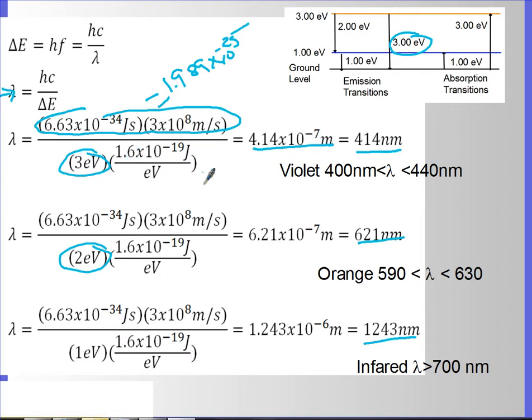I could have done all this, where this whole thing is, let's see, hc over this 1.6 times 10 to the negative 19 is 3.73 times 10 to the negative 7. And then just divide it by 321.